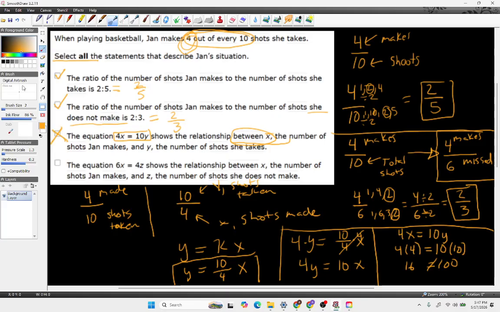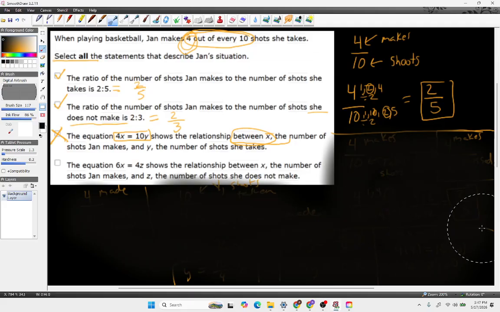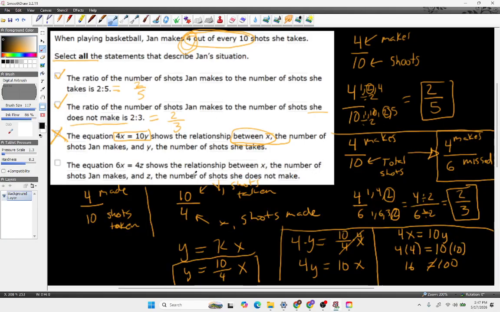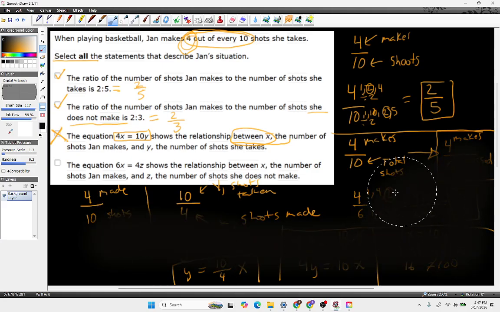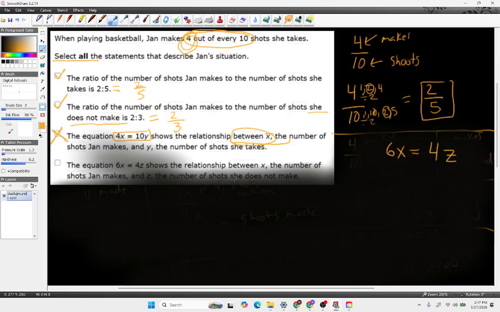Okay, last one. The equation 6x equals 4z shows the relationship between x, the number of shots Jan makes.